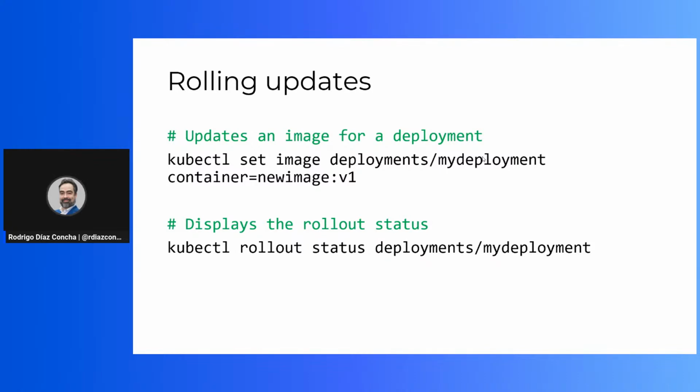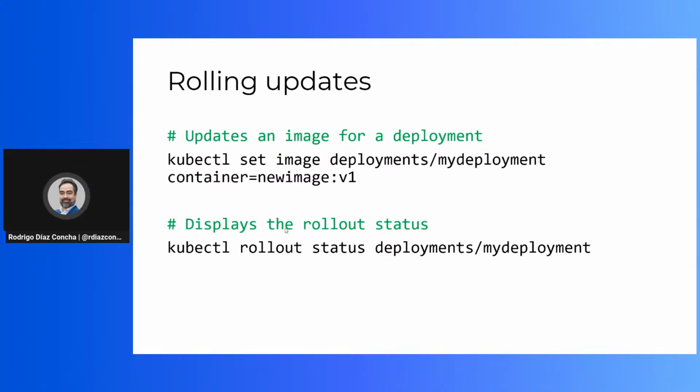Here's another command. It updates an image for a deployment. This is using set image instead of editing the manifest file directly. And you can also check your rollouts by executing kubectl rollout status. This is just for displaying the status, okay?